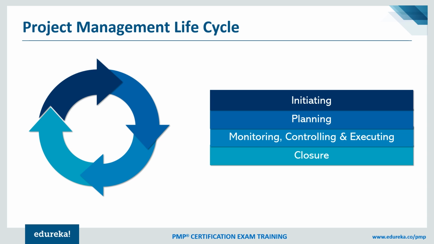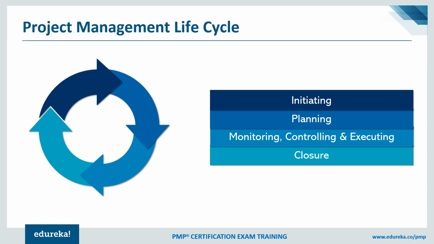In the pharmaceutical industry, the names of the various life cycle items would be discovery, screening, preclinical development, registration, and post-submission activities. If I talk about a software development life cycle, you will have stages such as requirements gathering, analyzing, designing, coding, testing, deployment.